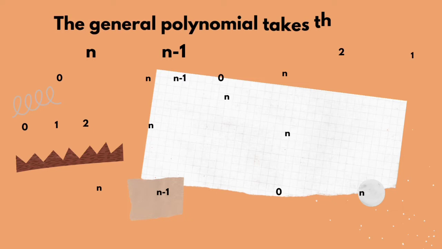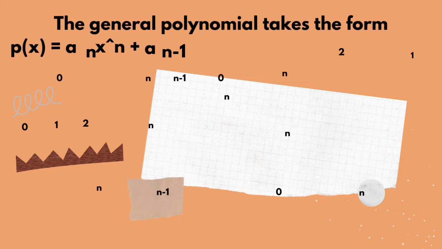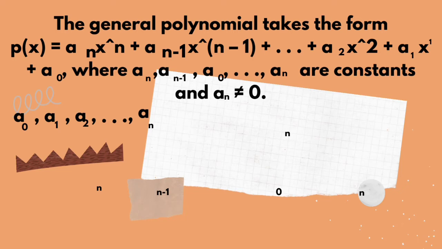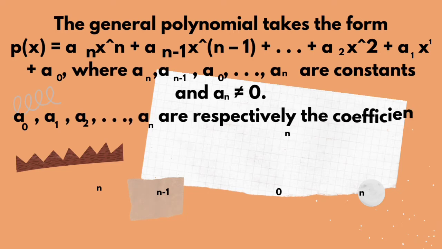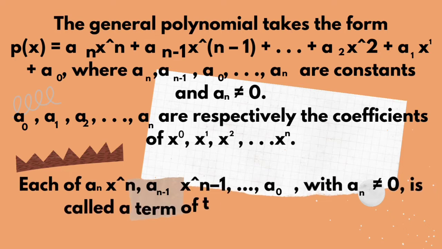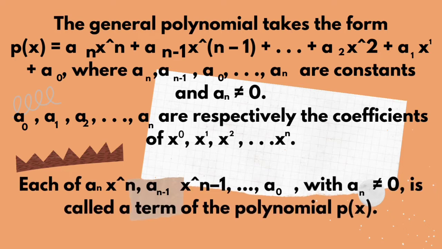P of x represents the polynomial, and a subscript n minus 1, a subscript 0 till a subscript n are constants, and a subscript n is not equal to 0.